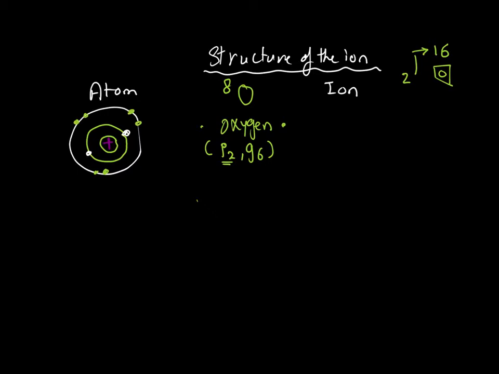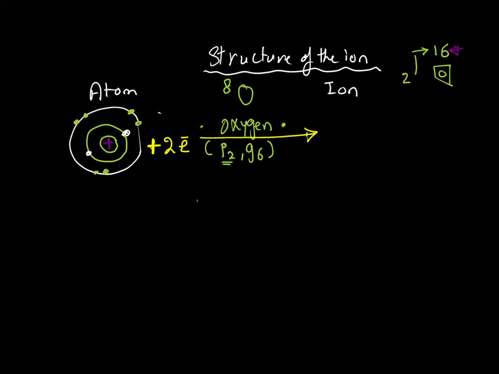Remember, oxygen is in group 16, so keep the periodic table in front of you. Group 16 means it has 6 electrons, so it's going to gain 2 electrons. So oxygen will gain 2 electrons from any other atom. Gaining means I will add 2 electrons to it. So it will make an ion.